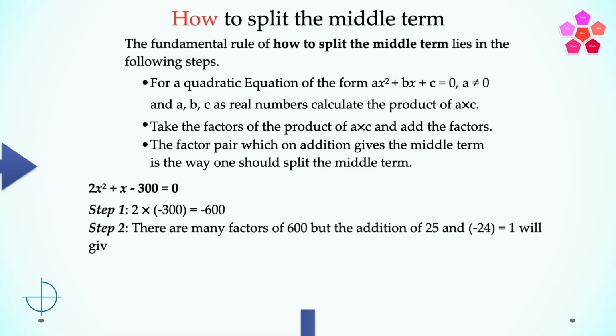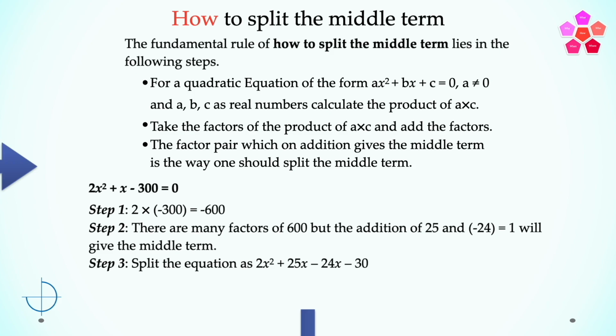This will give us the middle term, and this is how we need to split the middle term. So we have, splitting the middle term, the equation 2x squared plus 25x minus 24x minus 300 is equal to 0. Solving this, we get x is equal to 12 or x is equal to minus 12.5.